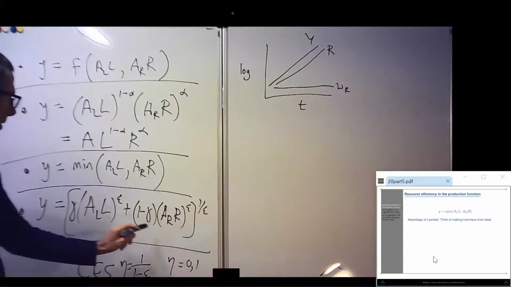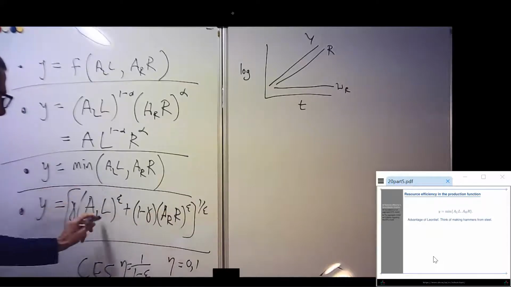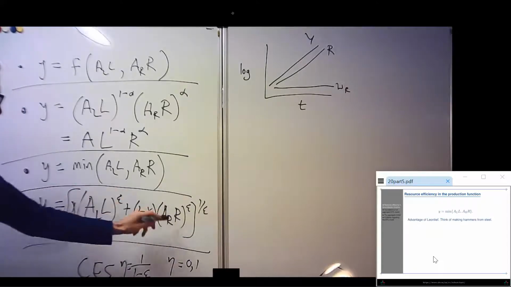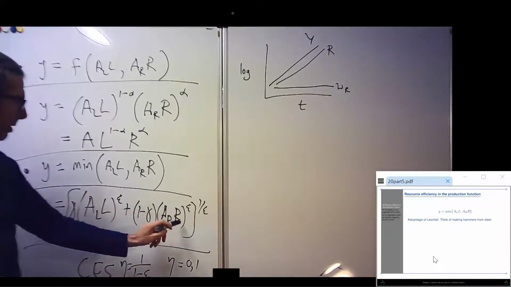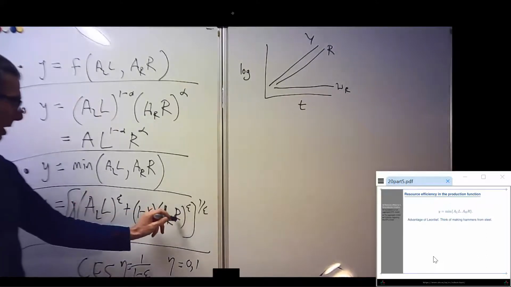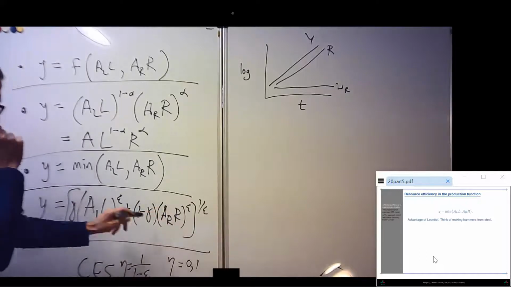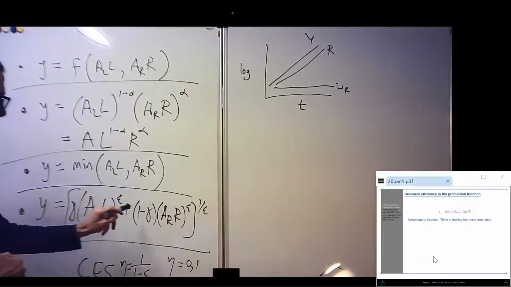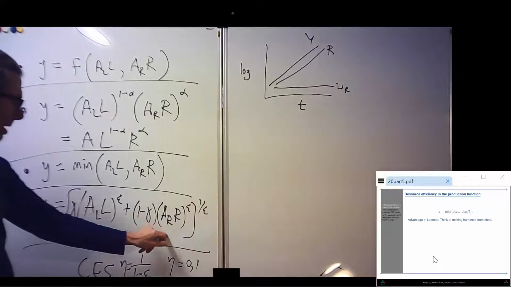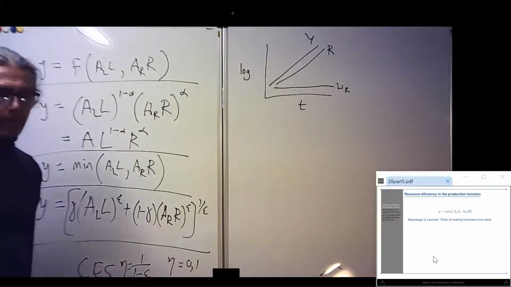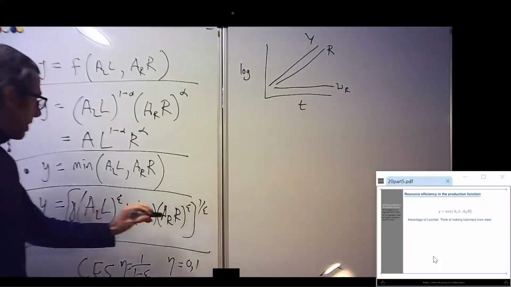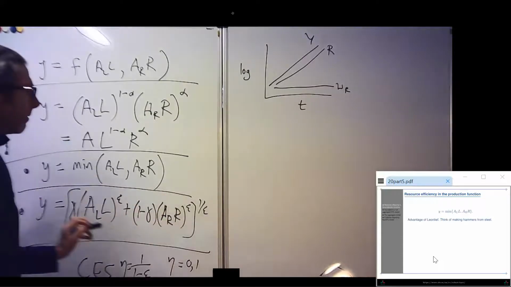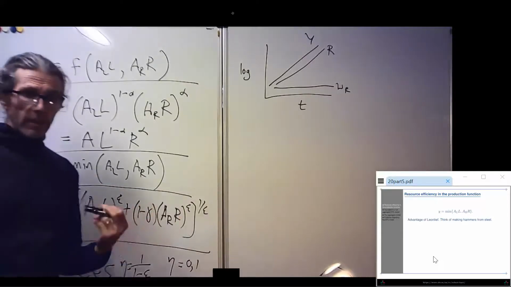Then we have some elasticity of substitution between R and L, but not much. So if we have a short run reduction in R, we'll have a big drop in Y. In the long run, maybe we can raise AR. So this is a really nice production function to evaluate that mechanism.